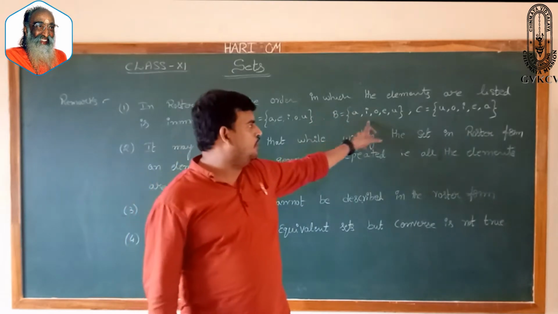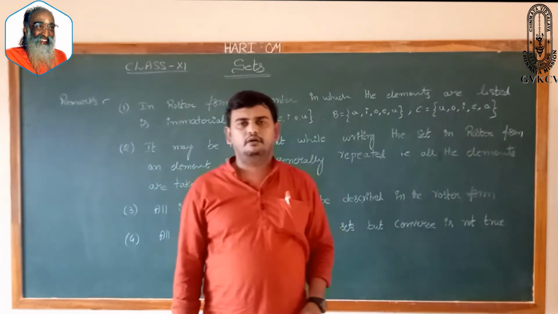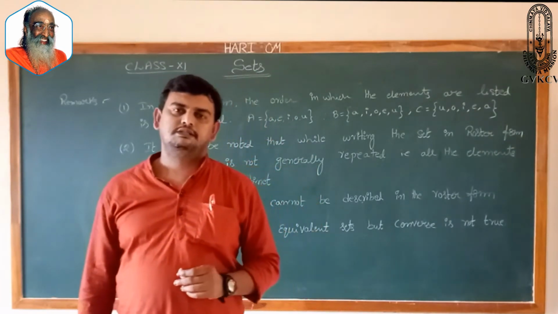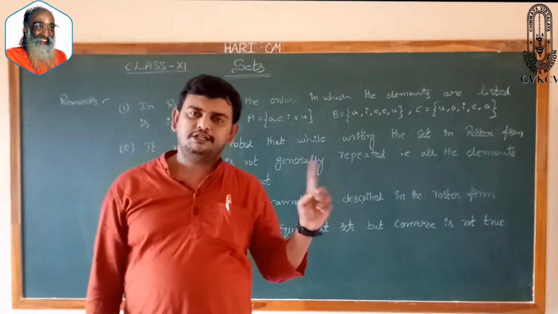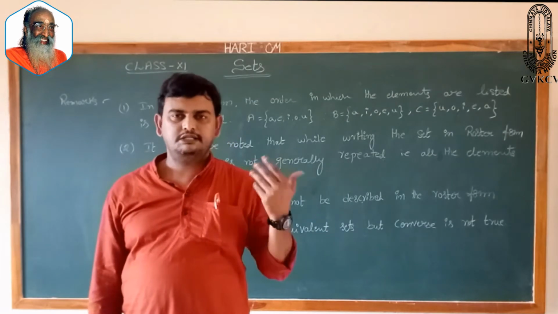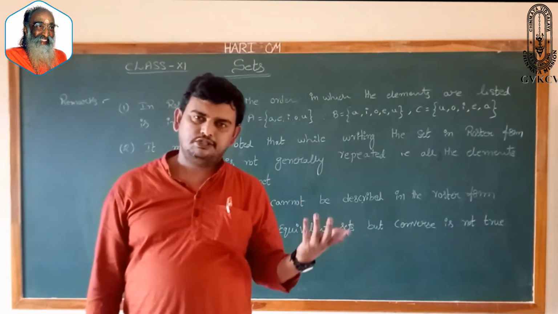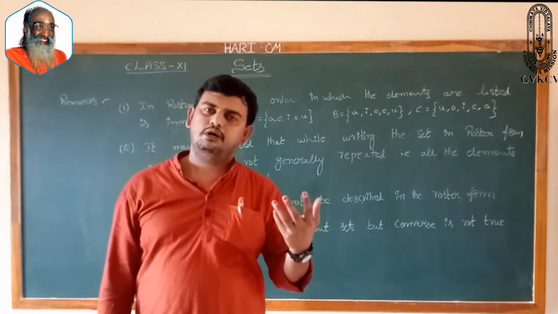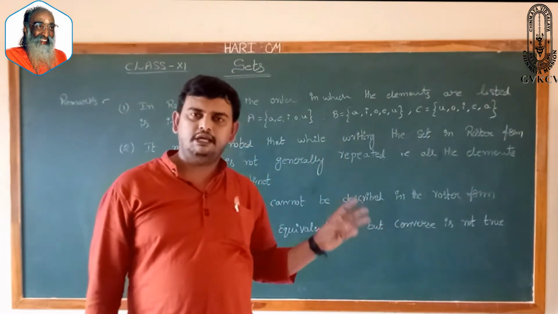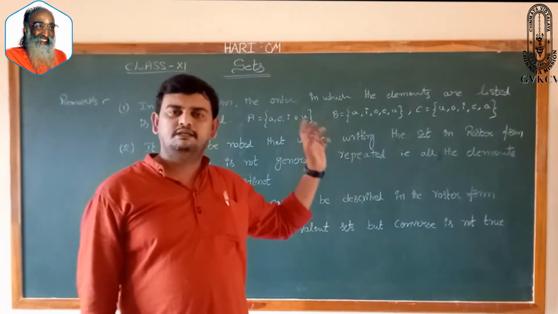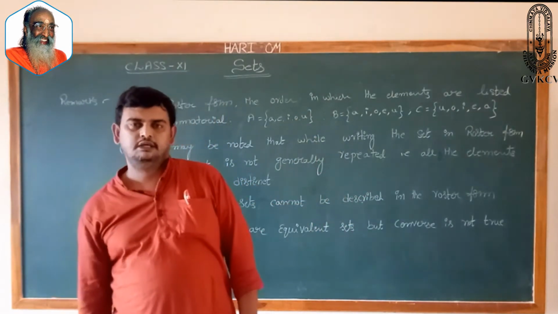So irrespective of the order, all three sets have the same elements. All three sets have A, all three have E, all three have I, all three have O, and all three have U. So set A, set B, set C all have the same elements.